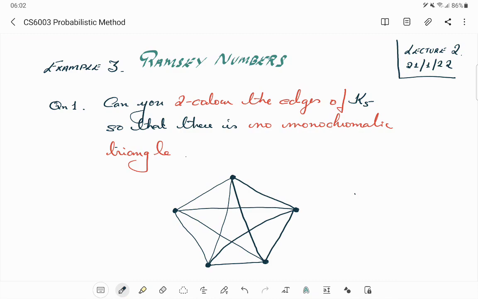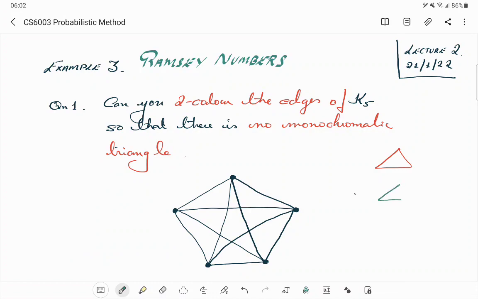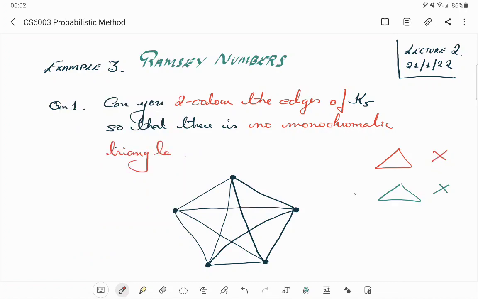But the question here is, can you do this coloring in such a way that there is no monochromatic triangle? Our coloring is red and green, so can you color it in such a way that there is neither a green triangle nor a red triangle?